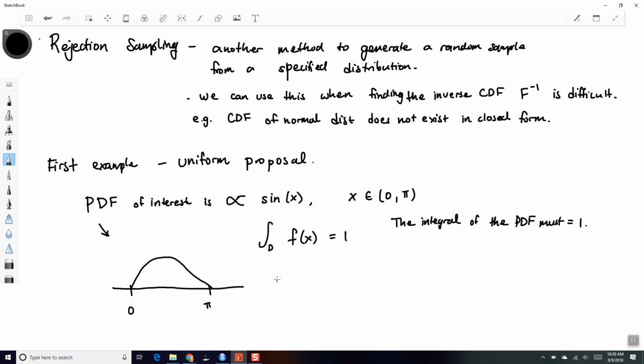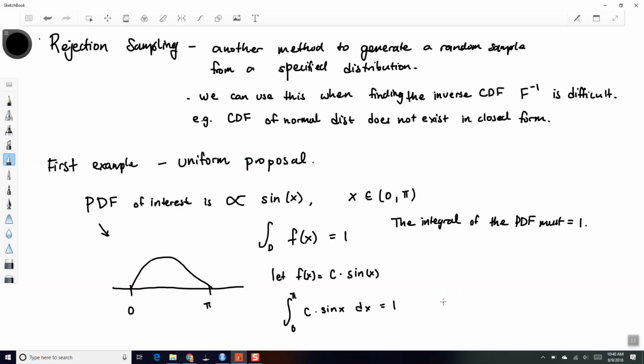So we'll let f of x equal some constant times the sine of x. Here I'm going to say the integral of c times sine of x dx from 0 to pi has to equal 1.